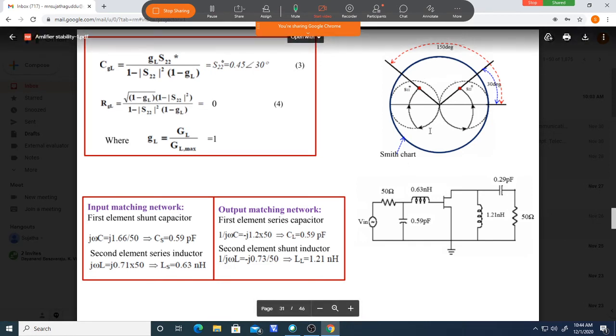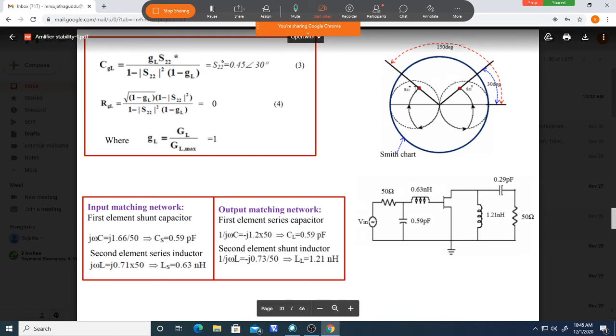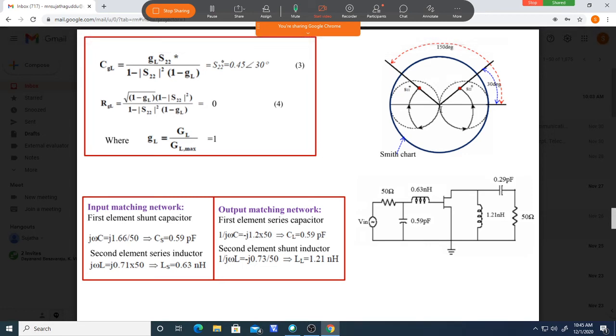You move on a constant conductance circle because you should reach this point. From here you can move like this, and then you can move like this. That is also one solution. Otherwise, you move over this constant conductance circle in the clockwise direction up to this point.